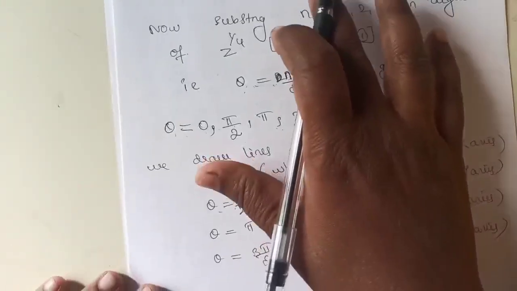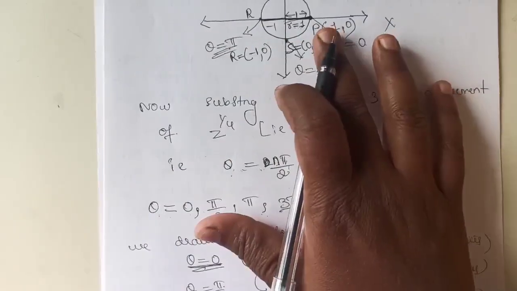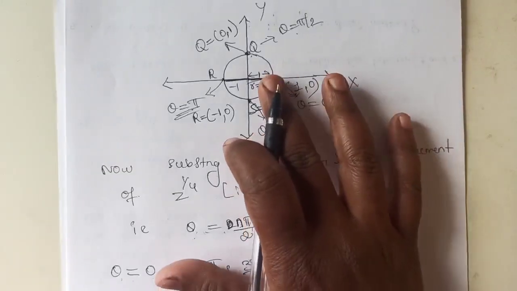So therefore we can observe that all these points represent the fourth roots of unity.